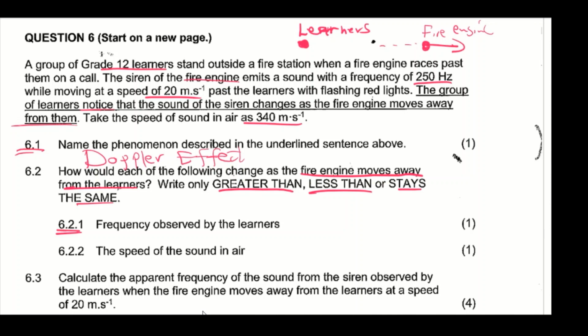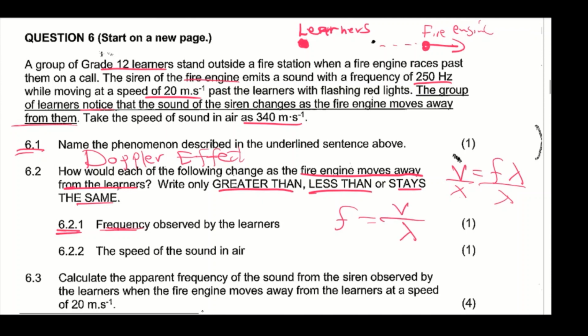So if something moves away from you, especially in this case, we're looking at the learners and the fire engine. If the fire engine moves away, remember, velocity is equal to frequency times lambda, right? So if we want to know about frequency, because the question says frequency, we divide by lambda on both sides. So you're going to have frequency equals velocity over lambda.